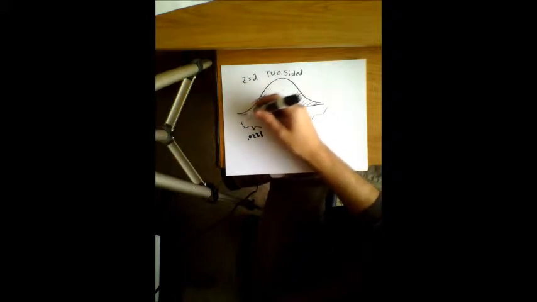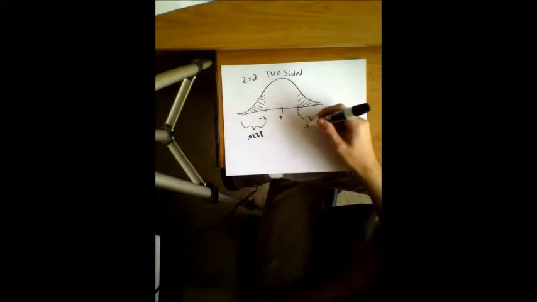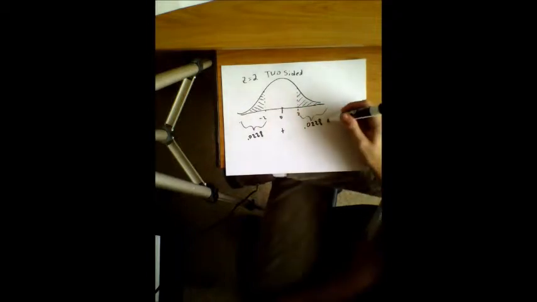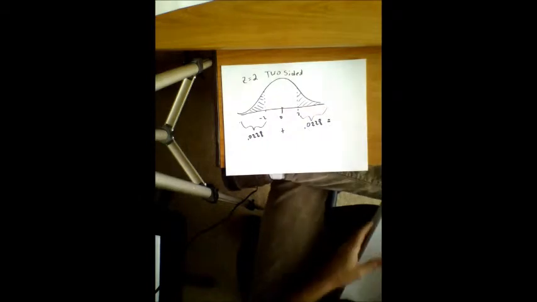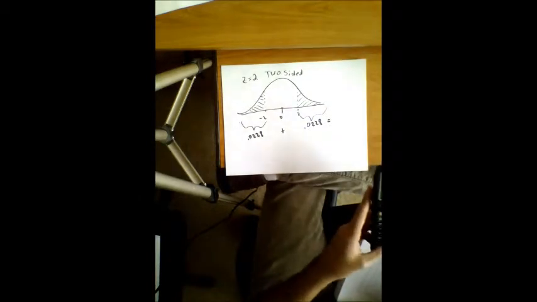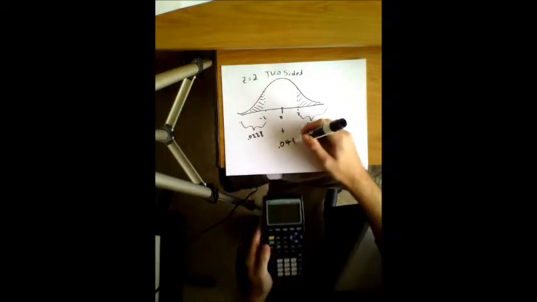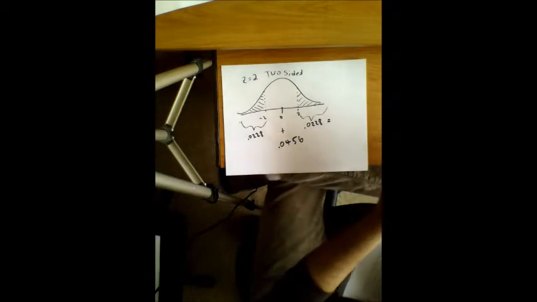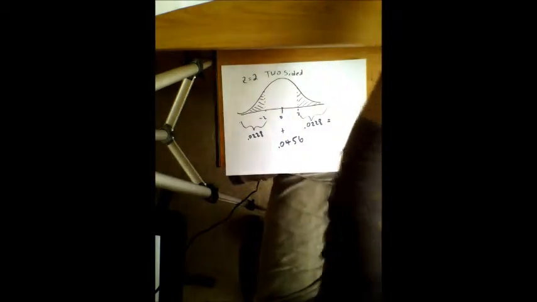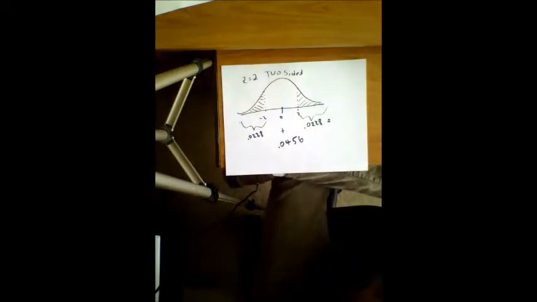This area should be 0.0228. So this area must also be 0.0228. And so the total area here, you add these things up, and you do get 0.0456.